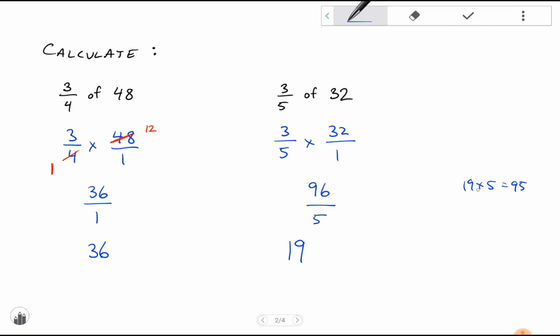All right? So that means that the number 19 is 5/5 written 19 times, and that makes 95, but we need 96, so we're left with 1/5. So 96 over 5 is the same as 19 and 1/5, and that is 3/5 of 32.